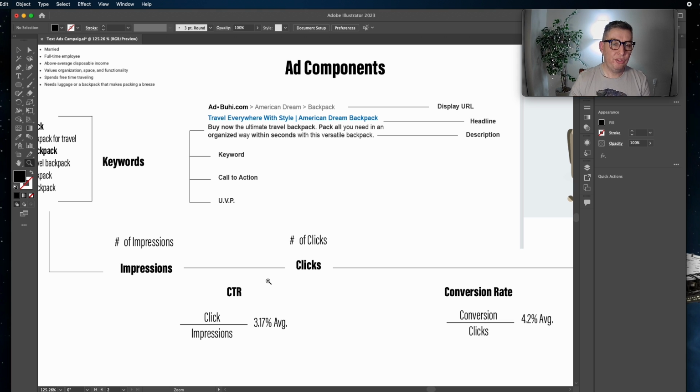If not, you have to improve the quality of your ad. The quality of your ad means check your description, your headlines, your display URL, and make it more attractive. Add a good call to action. Add a more attractive, unique value proposition in order to get more clicks. For impressions, it's basically getting the right keywords.